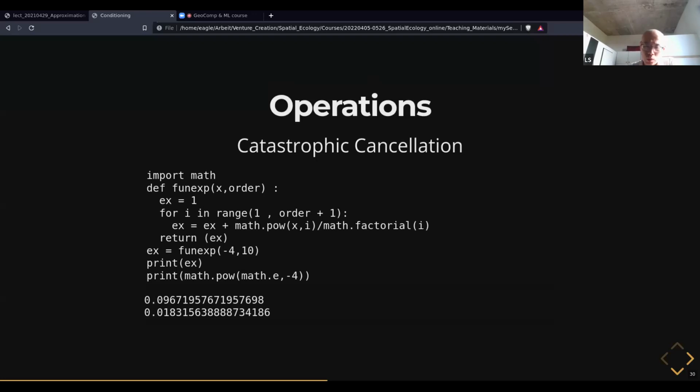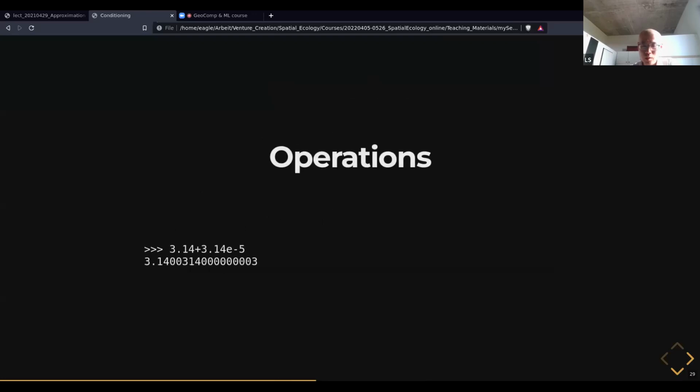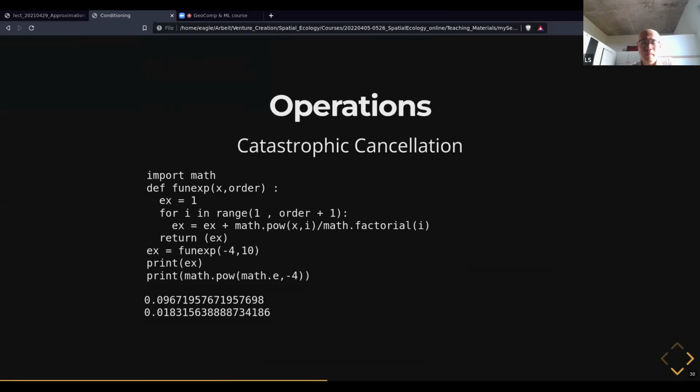This is due not so much to shifting, but to the fact that when these two numbers are close enough, due to the imprecision associated with each of them, you may expect the subtraction to become totally 0, but actually they bear a small error, like this 3 here, or even more. And as a consequence, it may propagate.